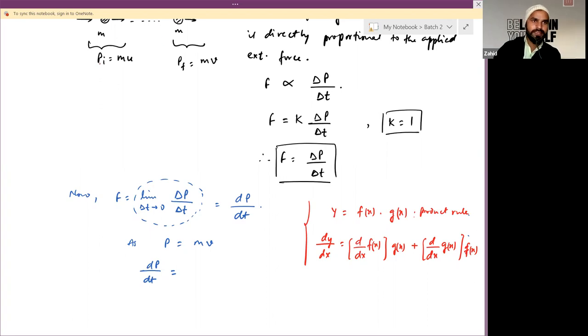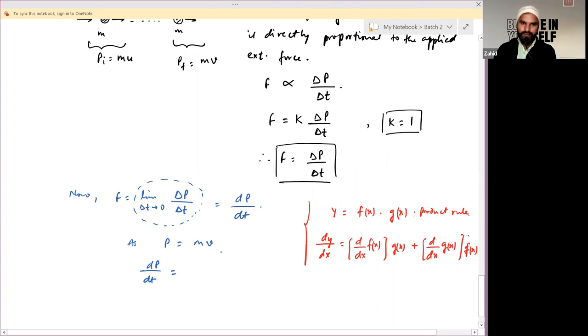Using this, if we differentiate mass and velocity, it will be differentiation of mass multiplied by velocity plus differentiation of velocity multiplied by mass. Is it clear?